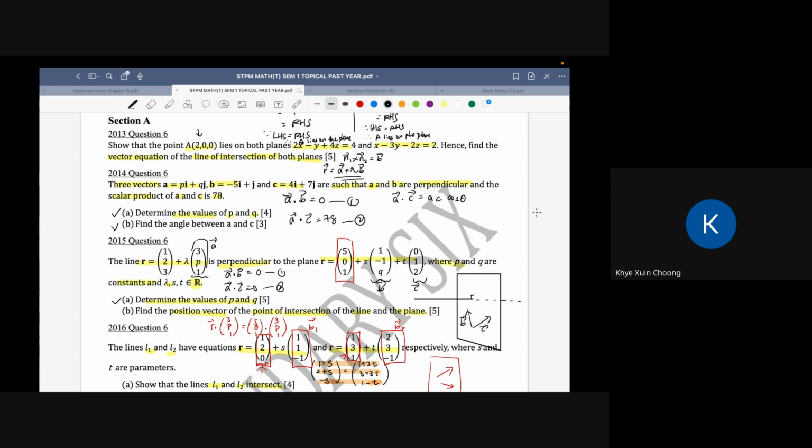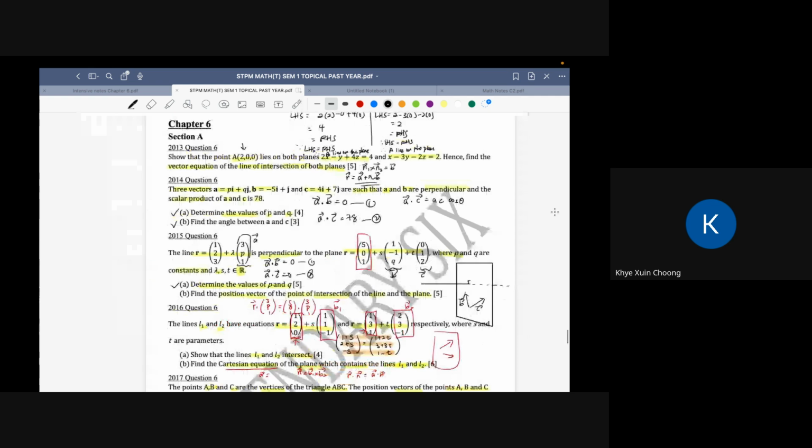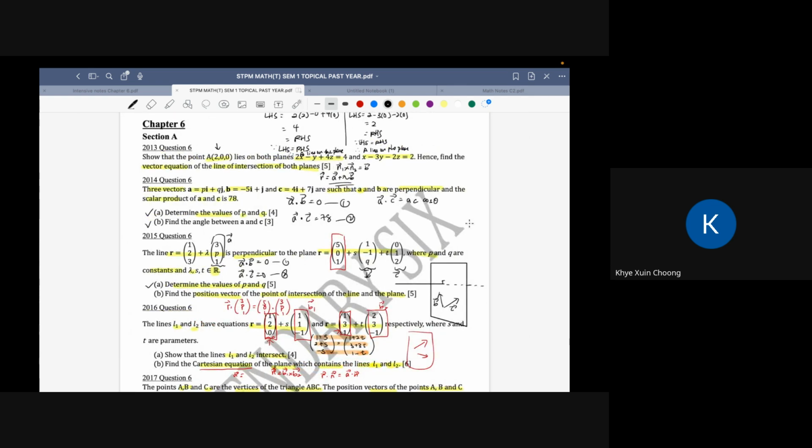Then for section B, it depends on luck. If something we are really familiar with comes out, then it's good for us. If not, don't struggle too much. Focus on section A so that you get higher marks.